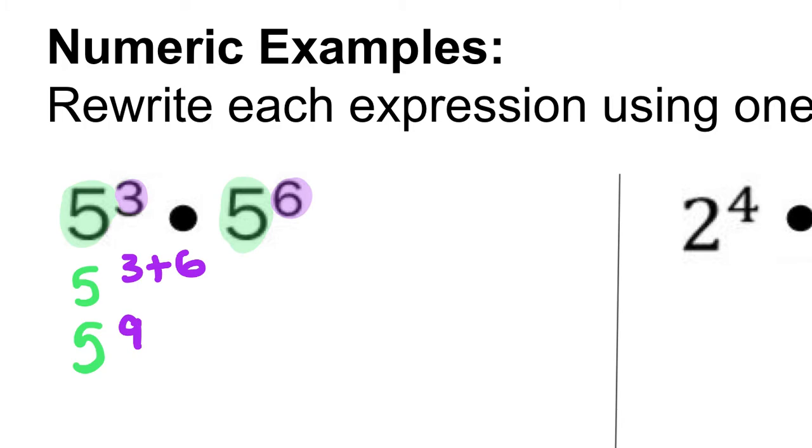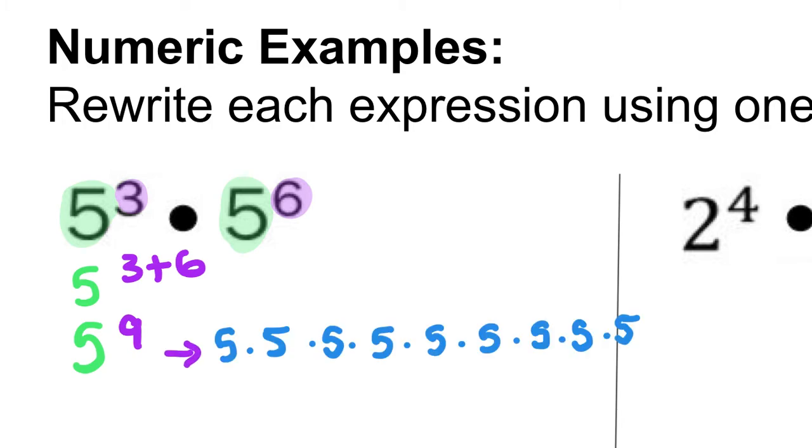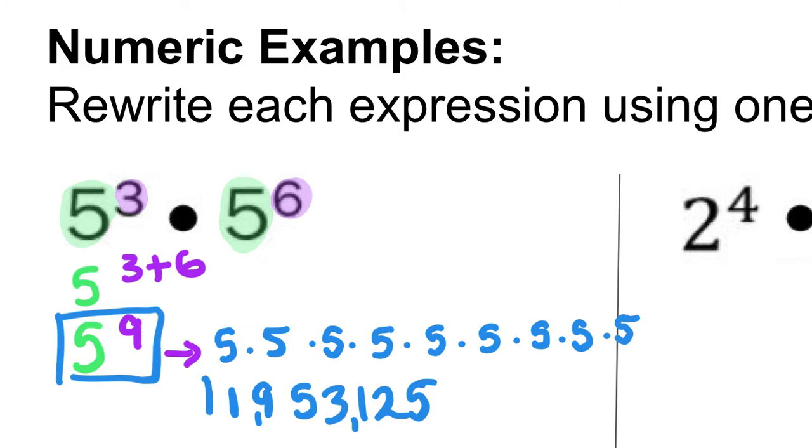Now to simplify this, you can either plug it in the calculator, or we can think of it as multiplying 5 nine times, and when you plug that in, your answer is 1,953,125. But the bigger takeaway here is that we can write it as either the exponent form or when you plug it in to get your answer.